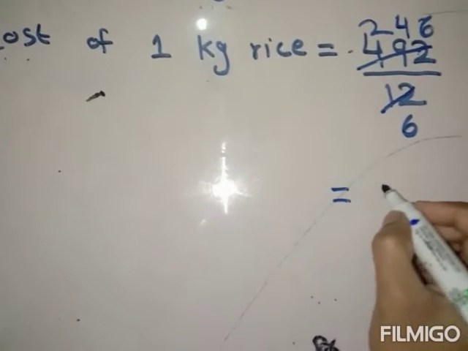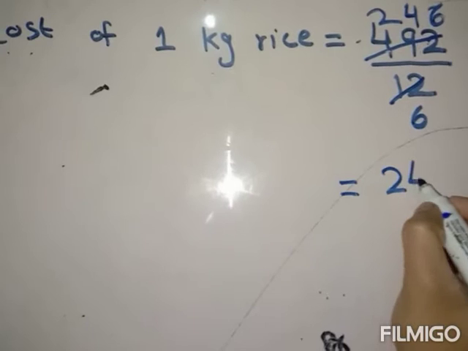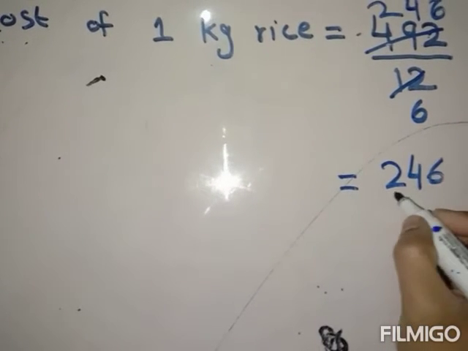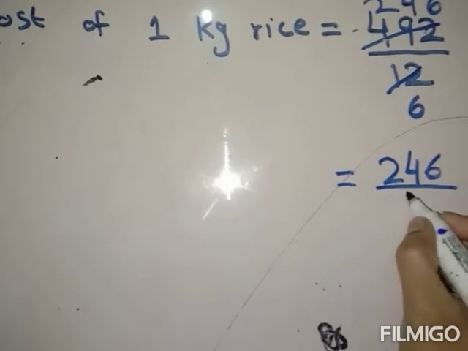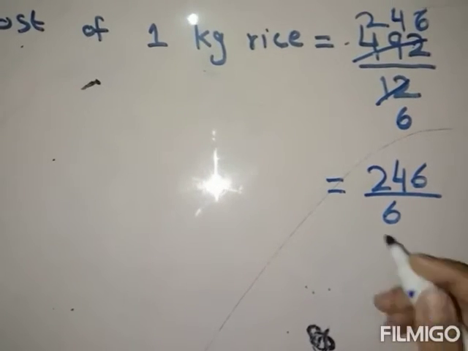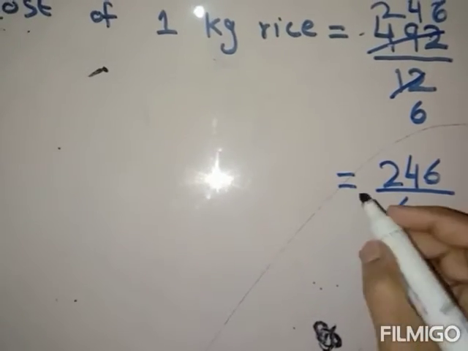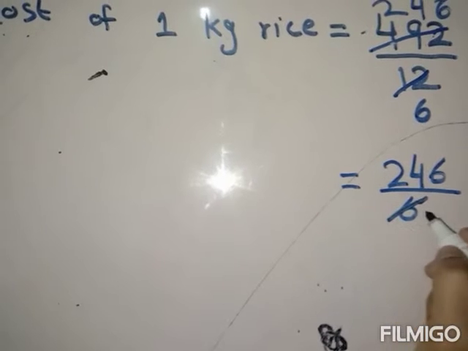Now again we can cancel it. 246 over 6. Here you can cancel it directly.